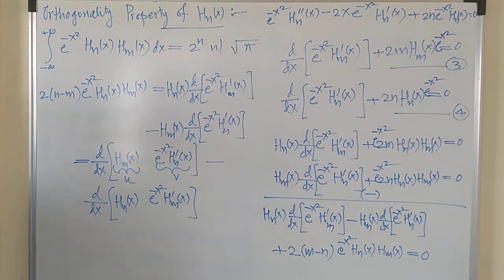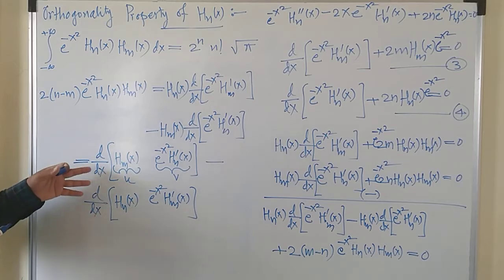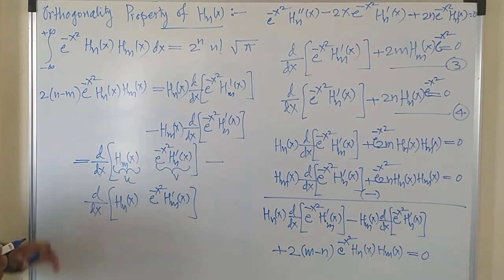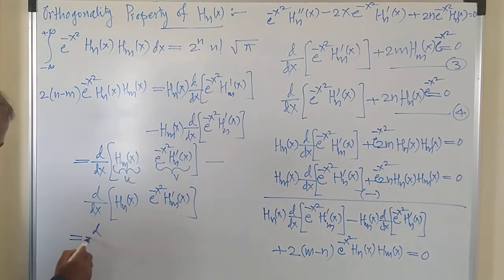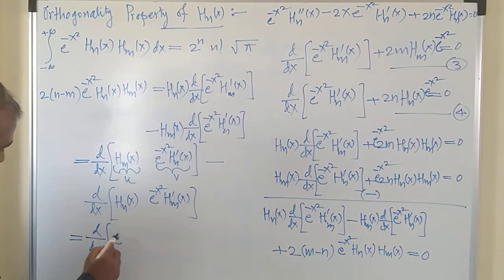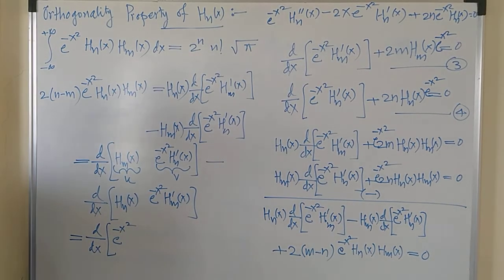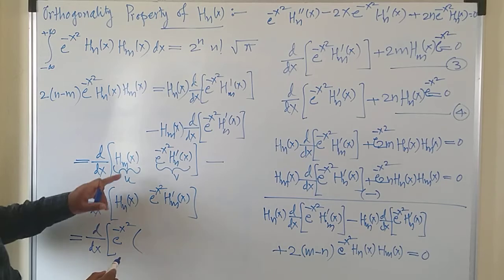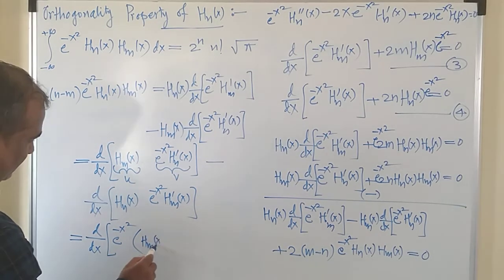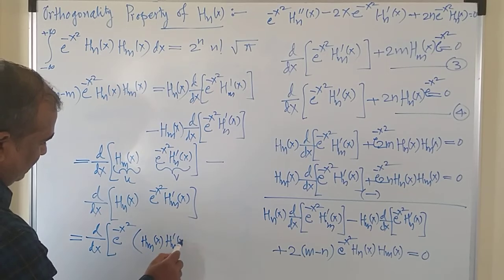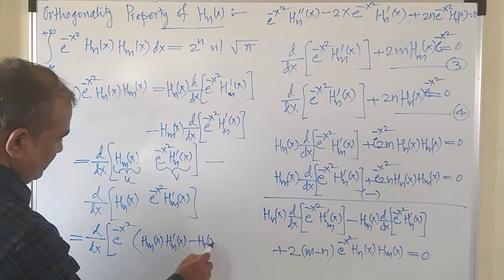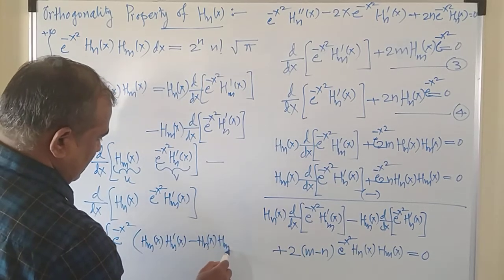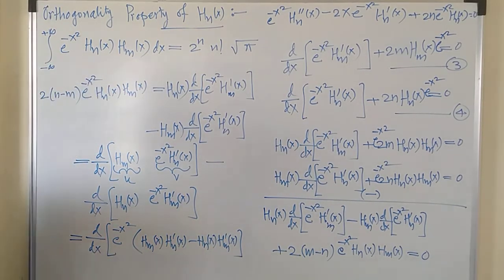So we got this kind of relation, and both are differentiations. I can take out d by dx, it's the operator, take it out common and rewrite the terms. So after rewriting this, you will get d dx of e raised to minus x square into, now write this, Hm of x into Hn dash of x minus Hn of x and Hm dash of x.